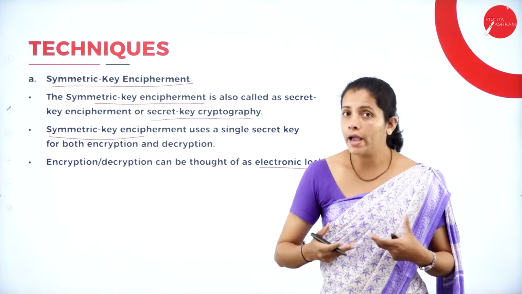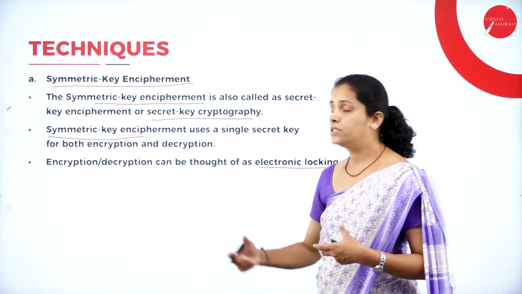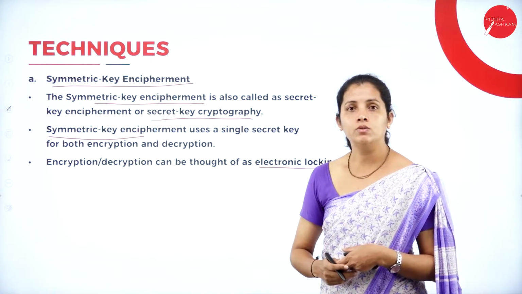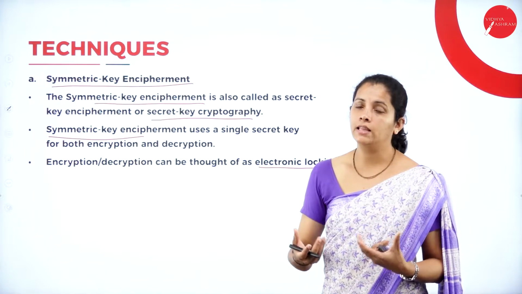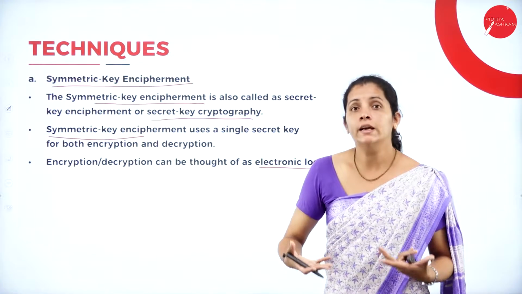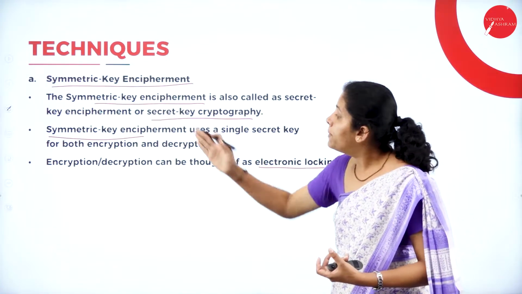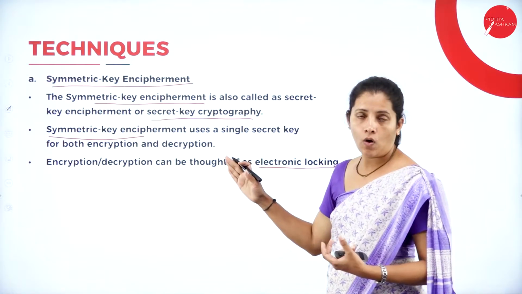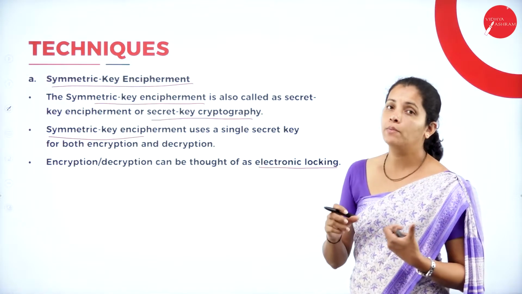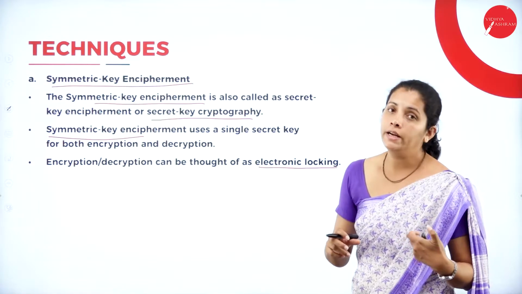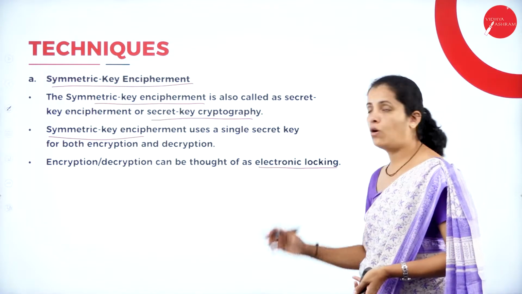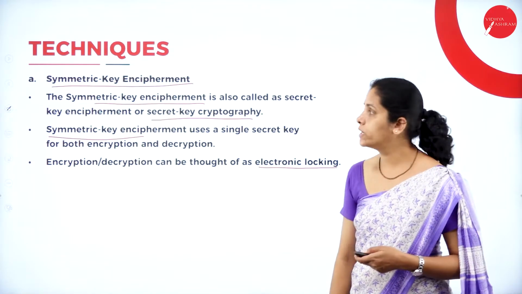So why do I require encryption and decryption? In order to lock the data. Then what kind of data is that? Electronic data. By applying the encryption or decryption technique, I'm going to lock the data. That is called electronic locking.